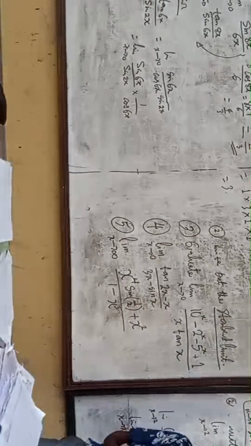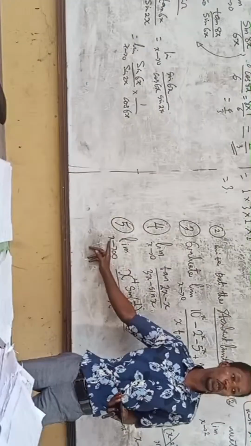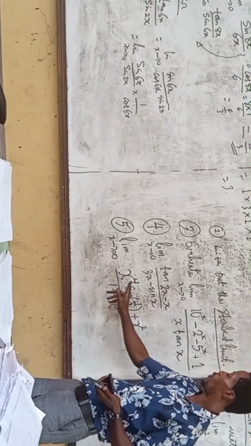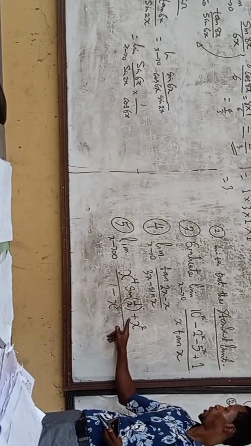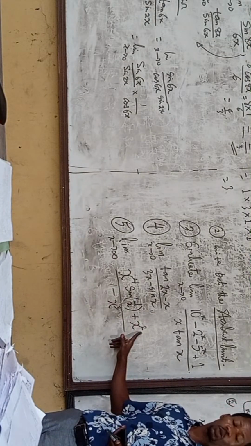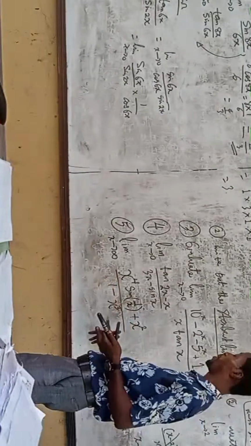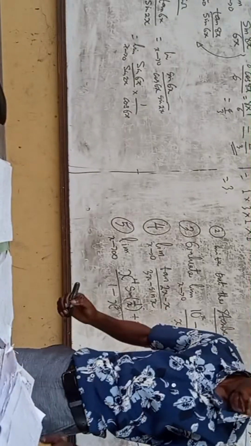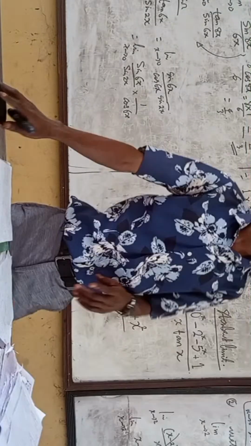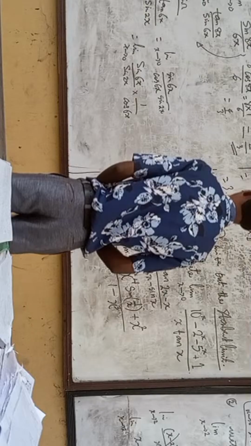I hope you can see. Limit as x goes to infinity of x^4 sine 1 over x plus x squared over 1 minus x squared. We have 1 minute. I think there's still something I have to do.